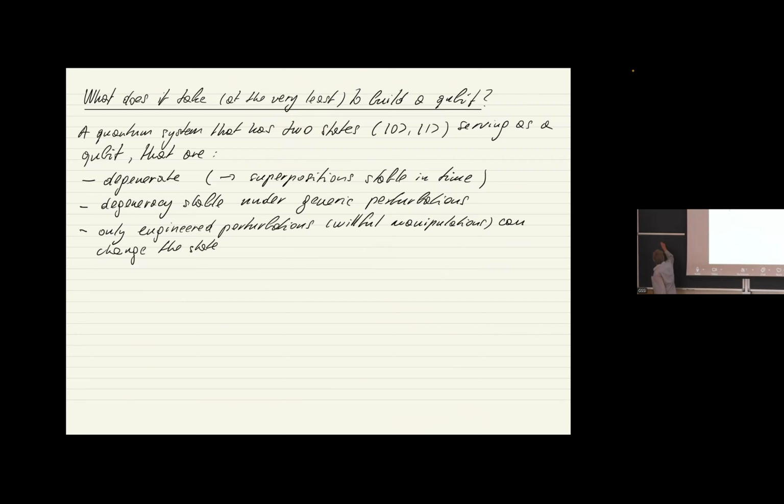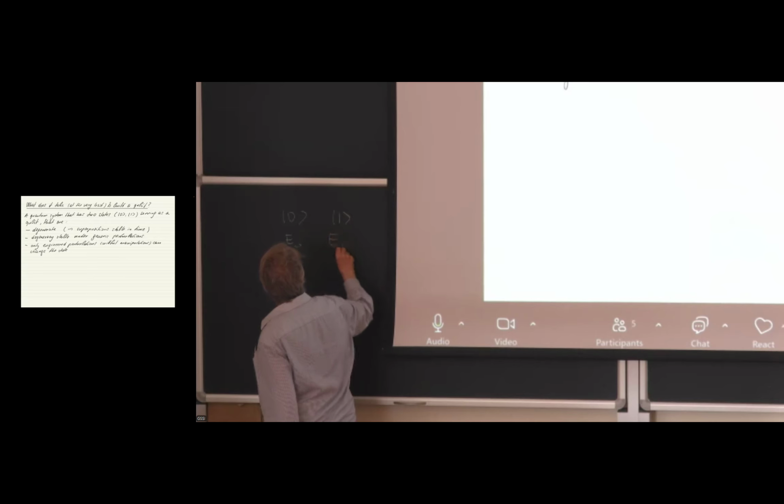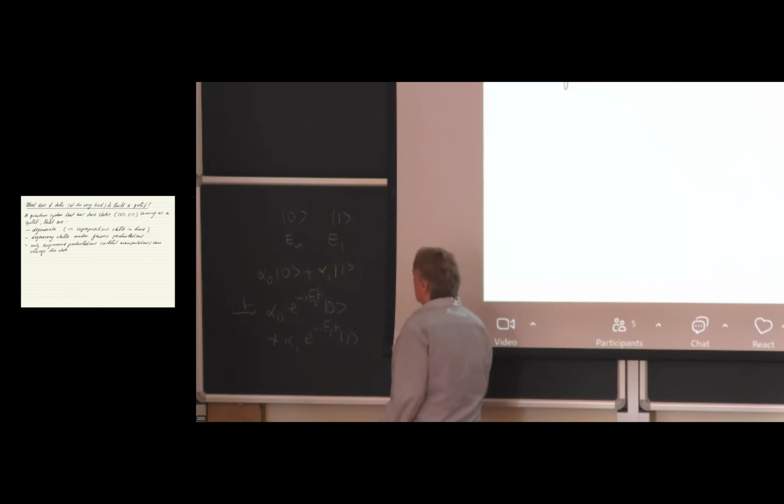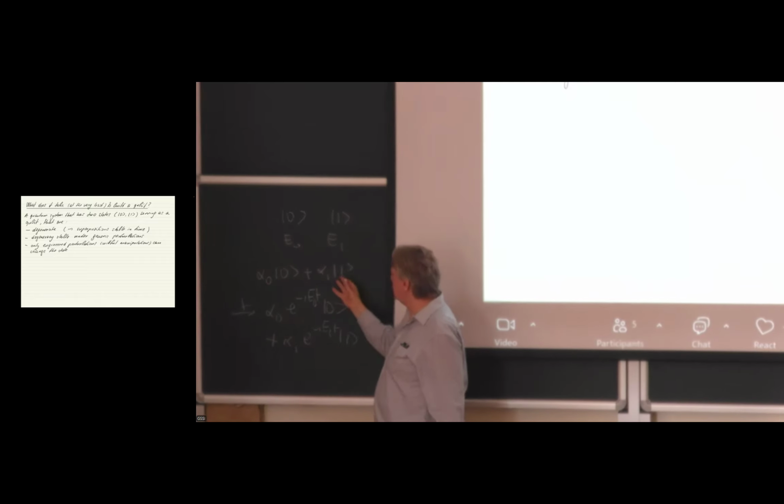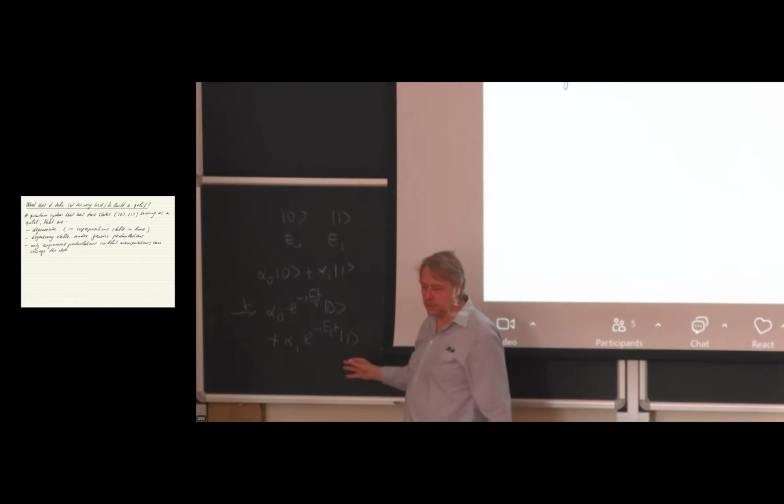If they have the 0 and the 1, with energies E0 and E1, and you have alpha 0 |0> plus alpha 1 |1>, then in the course of time this goes to alpha 0 e^(-iE0 t)|0> plus alpha 1 e^(-iE1 t)|1>. So if there is a certain superposition at the beginning, there's another superposition later on.